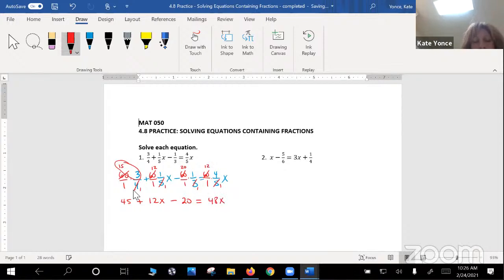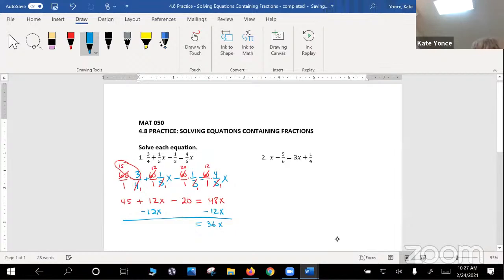Okay, minus 12x. And that's where I started to get a little confused, with the minus 12x on both sides, which was where I got the 36x when I did 48x minus 12x. So you got 36x. Then it turned into 45 plus negative 20 equals 36x.